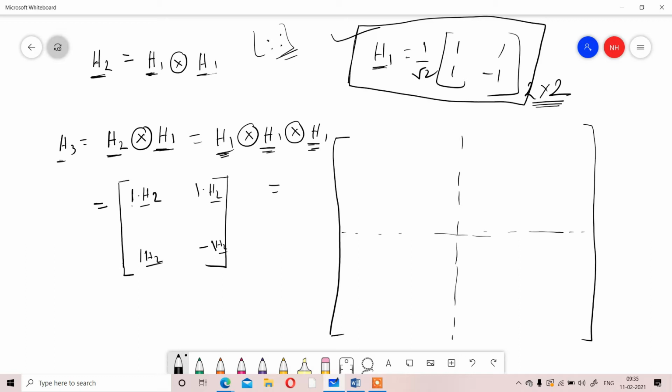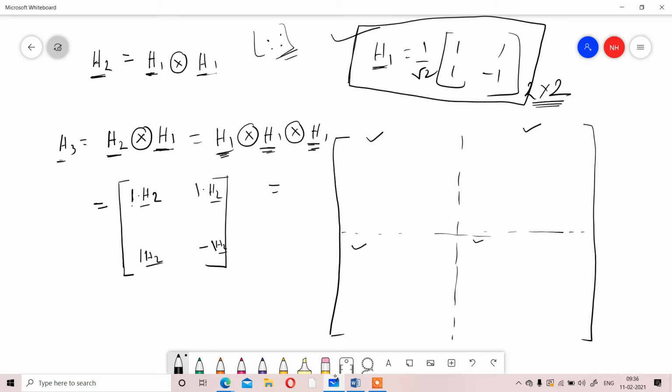That position will define a H2 matrix that will be multiplied by 1, so it will remain H2. That will be multiplied by 1, so it will remain H2, and that position will also be multiplied by 1, so that will remain H2. Only this position that is multiplied by minus 1, all the sign of H2 will change. Right?